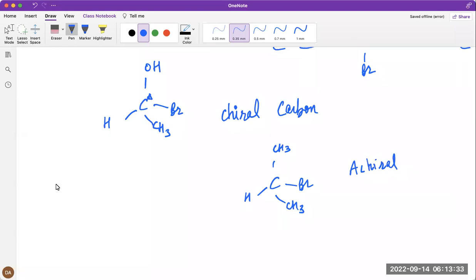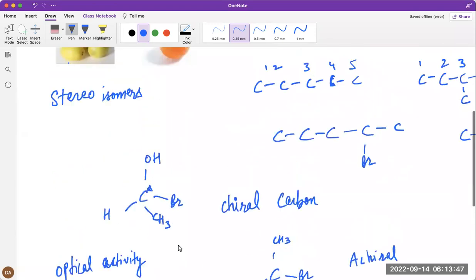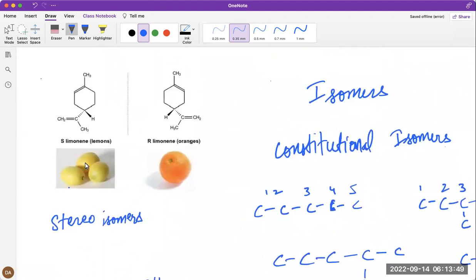Now, the idea is what we call optical activity. The molecules that we were seeing earlier on the top, these 2 isomers of limonene, there's a device where we can actually tell the difference: light passes through the chemical, and the light will either get deflected to the left or to the right.